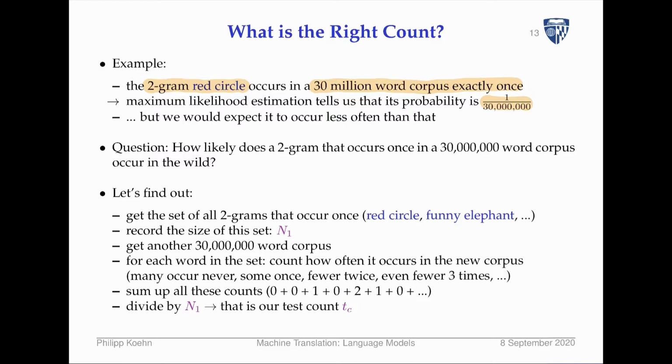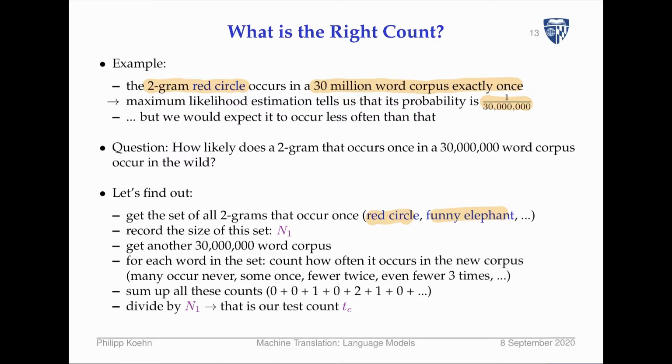So how likely does a bigram that occurs only once in a 30 million word corpus occur in the wild? Here is how we can find that out. We're going to get a list of all these bigrams: red circle, funny elephant, I don't know, any kind of things that occur exactly once in our corpus.